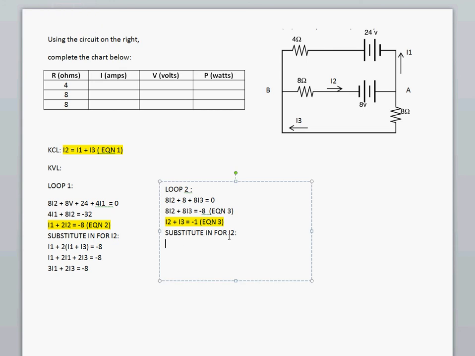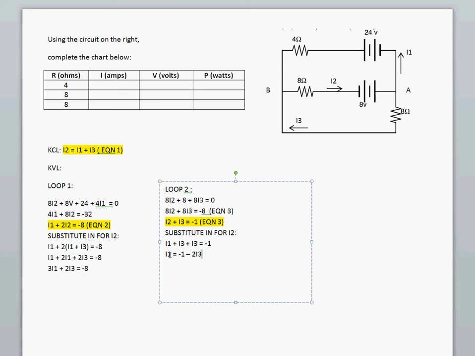Okay, so now let's substitute in for I2. And so if I do that, I get I1 plus I3 plus I3 equals negative 1. So then I get I1 equals negative 1 minus 2 I3. Great. Now I have two equations again.